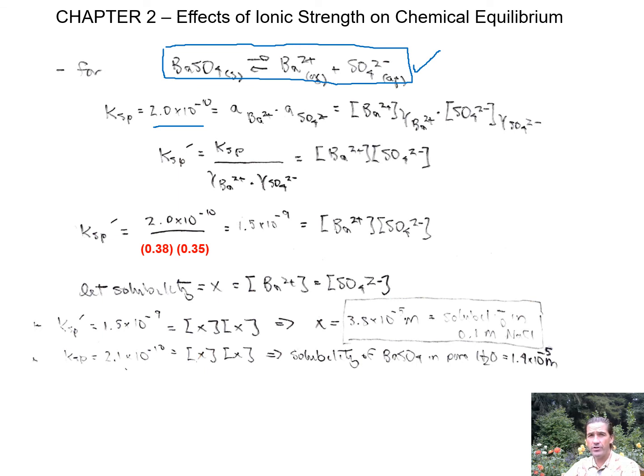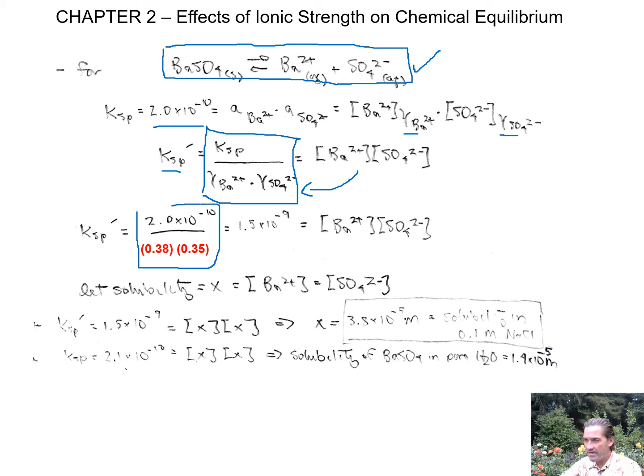I can rewrite that in terms of concentrations, and I'm going to include the activity coefficients. This is our third time we've done that. And so with that, I move the activity coefficients to the other side, and I create one brand new equilibrium constant, K prime, that incorporates the equilibrium under these new conditions at 0.1 molar ionic strength. And so here it is.